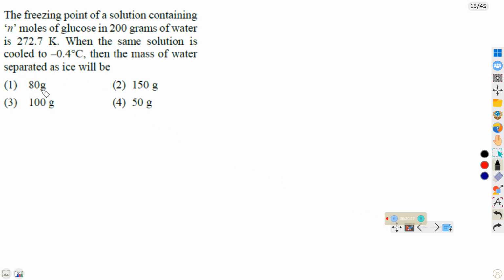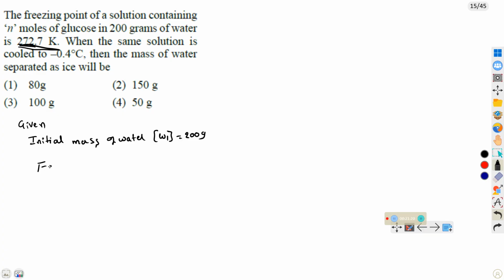First of all, given data, initial mass. Initial mass of water is given. W1 is equal to 200 grams. Initial freezing point is given in terms of kelvins.